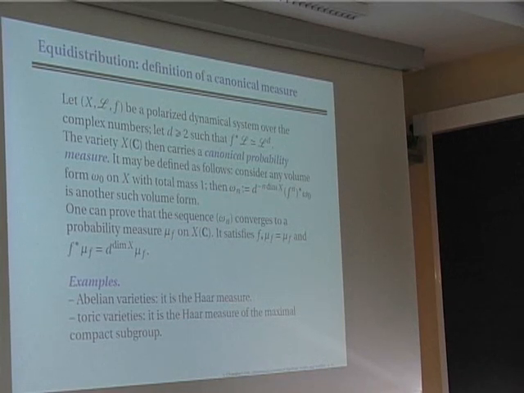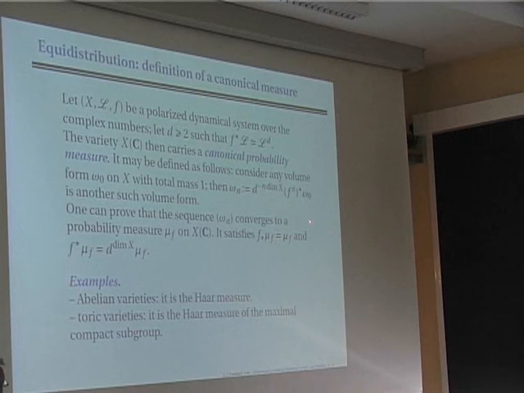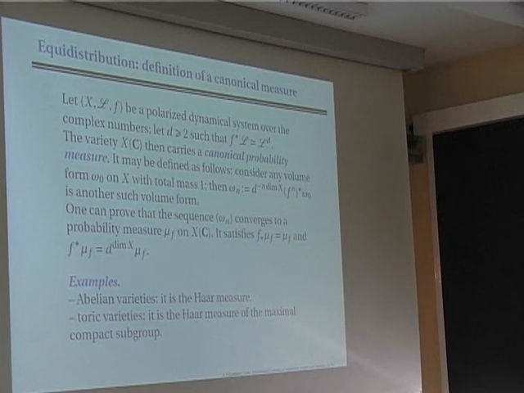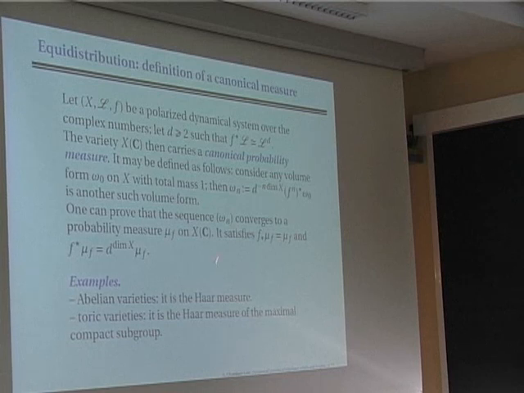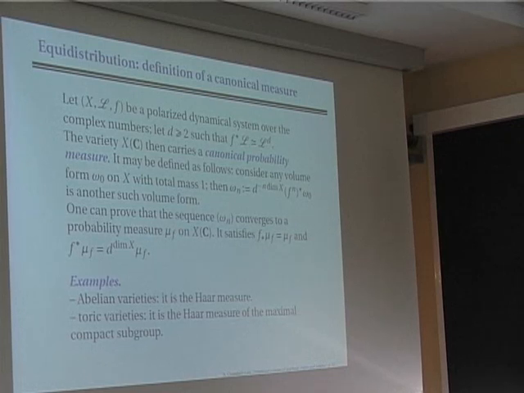This probability measure satisfies two functional equations. The first one is easy to understand. It says that the direct image of this measure by the map f is equal to the measure mu again. The second is a bit more difficult to understand, because I look at the pre-image of a measure.